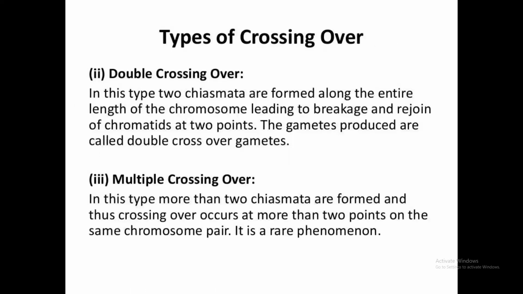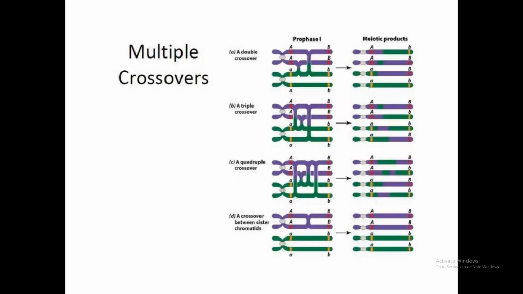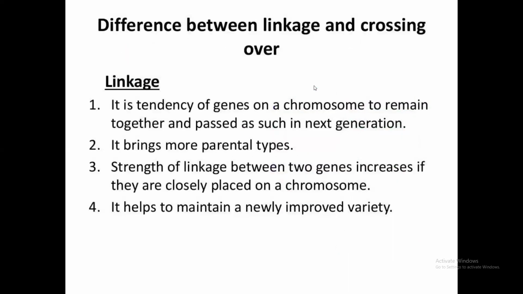There can be a single crossing over, double crossing over, or multiple crossing overs in a chromosome. This is the double crossing over, and this is the triple. The number of points at which crossing over is occurring gives the name. If 3 points, triple crossing over. If 2 points, double crossing over. And it can be multiple also.